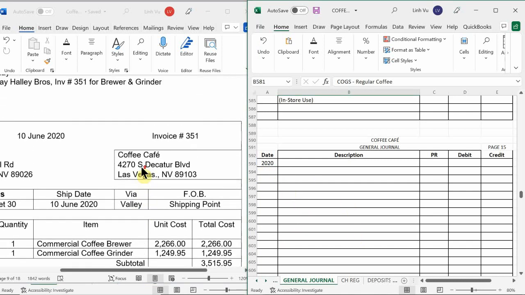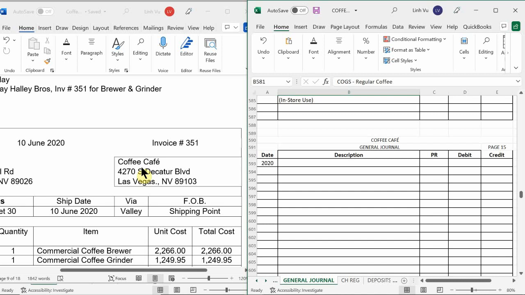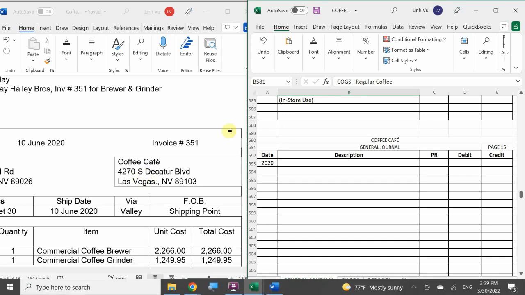How do we recognize that we're going to pay off Hallie Bros? Through accounts payable. Excellent, accounts payable.